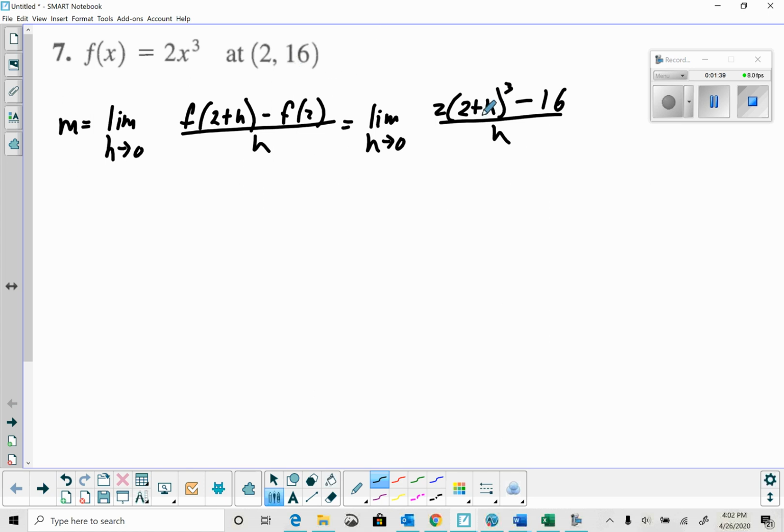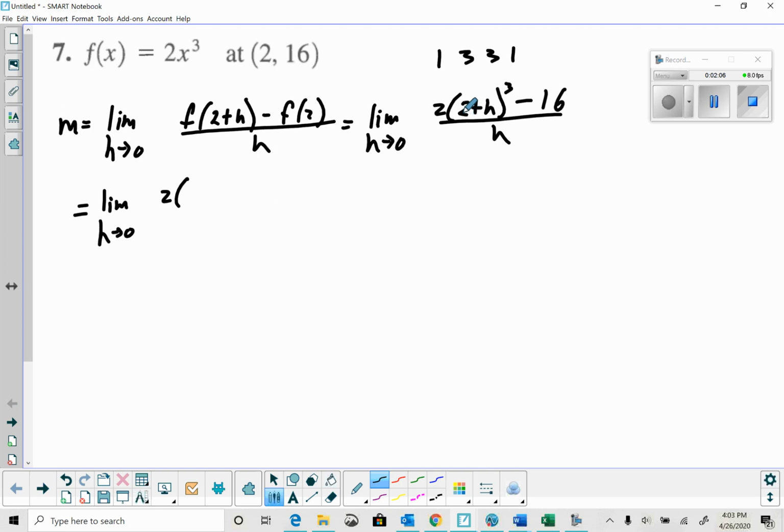All right, hey look, it's a binomial. We've got to take that to the third power. So hopefully we remember from Pascal's triangle, it's 1, 3, 3, 1 as our coefficients here. So hopefully that'll help us out. I'm going to leave that 2 as the coefficient out front here. I just want to take 2 plus h and cube that.